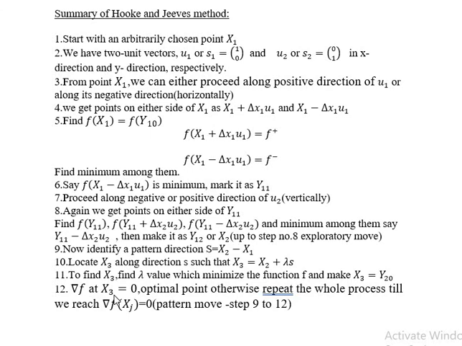Then calculate del f at x3. Then find the value. If it is equal to 0, that point becomes optimal. Otherwise, repeat the whole process till we reach del f at xj equal to 0. The steps 9 to 12, the moves are known as pattern moves. So this is the summary of Hooke and Jeeves method. You can use this summary in doing problems.